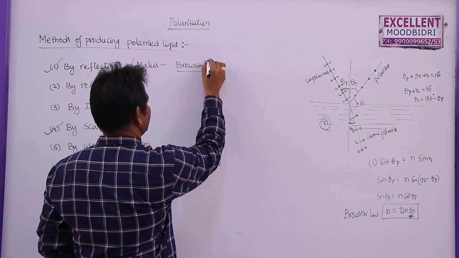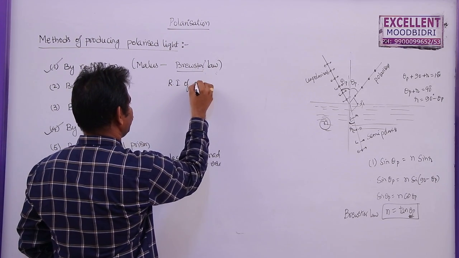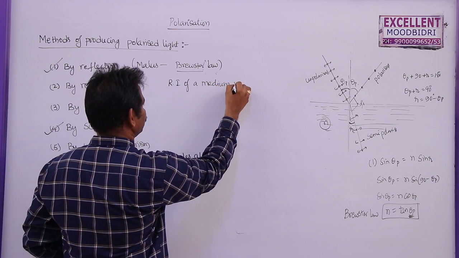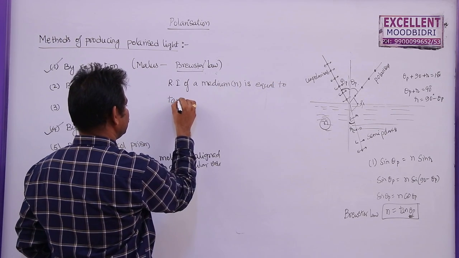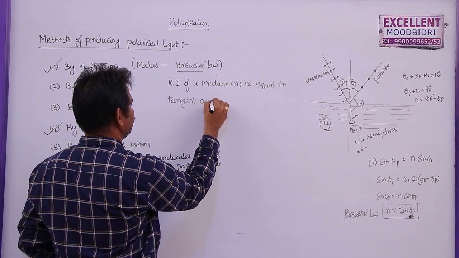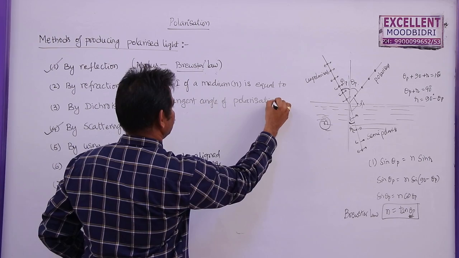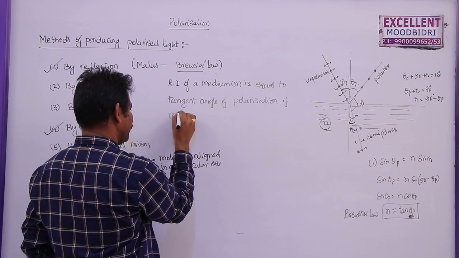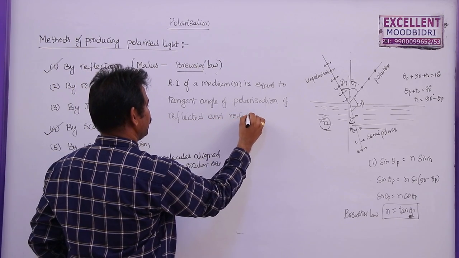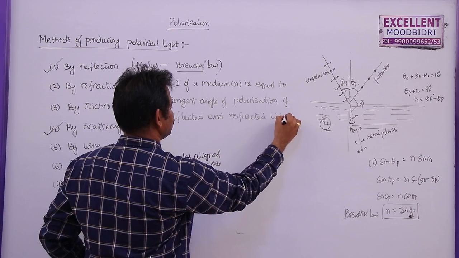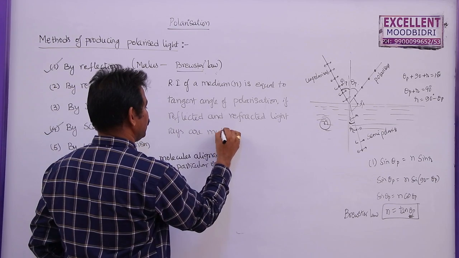So Brewster's law states that the refractive index of a medium, that is n, is equal to the tangent of the angle of polarization if reflected and refracted light rays are mutually perpendicular to each other.